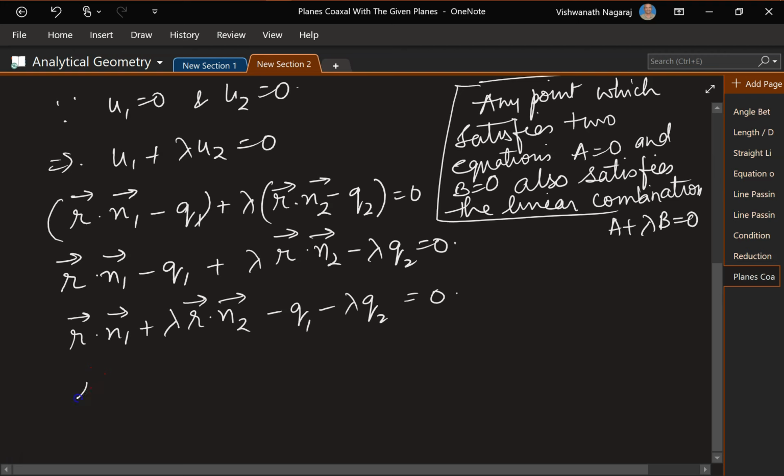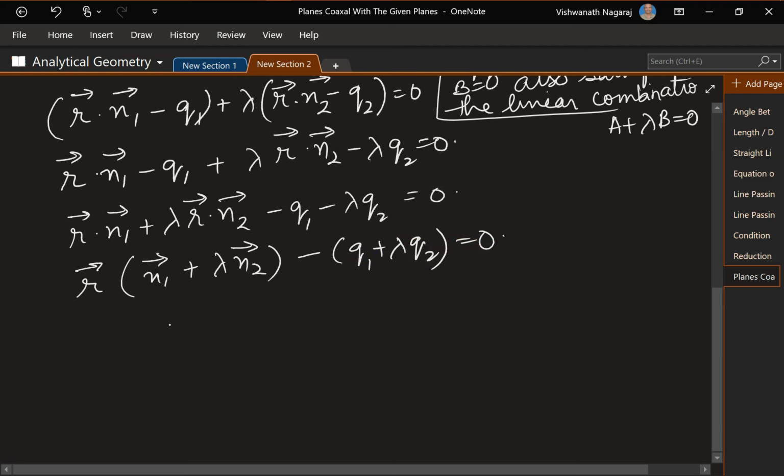Here the common factor is r, so we get vector r dot n1 vector plus lambda n2 vector minus q1 plus lambda q2 equal to 0. And let's take this q1 plus lambda q2 to the other side.